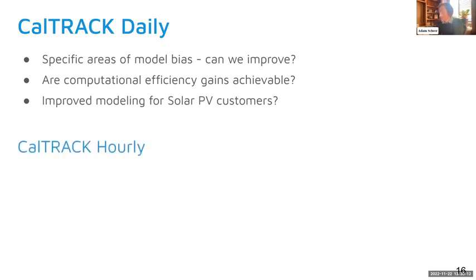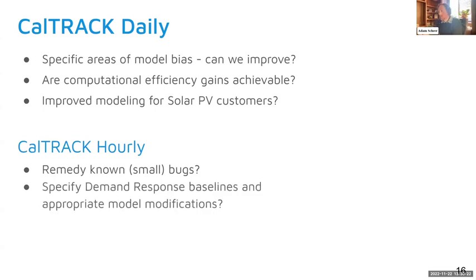CalTrack hourly. So there are a number of known, very small bugs, and it would be good to just fix those, to knock those out. We'd also like to specify demand response baselines and appropriate model modifications. This whole annual CalTrack model that I talked about earlier, suturing together a lot of monthly models, doesn't necessarily lend itself immediately to the demand response use case.